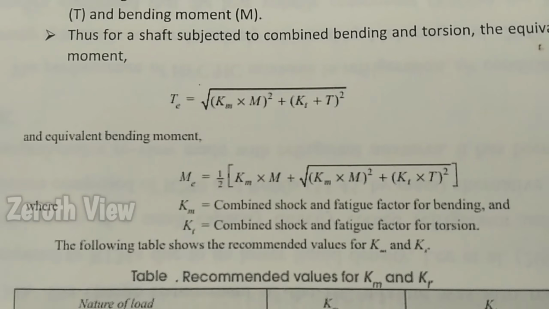First, the power P is given. It transmits a power, so P in kilowatt is equal to 20 into 10 to the power of 3 watt. The speed N equal to 200 rpm is given.